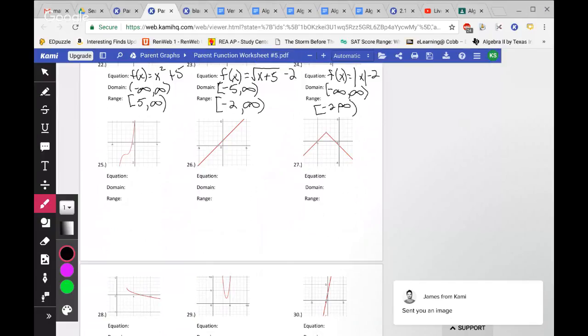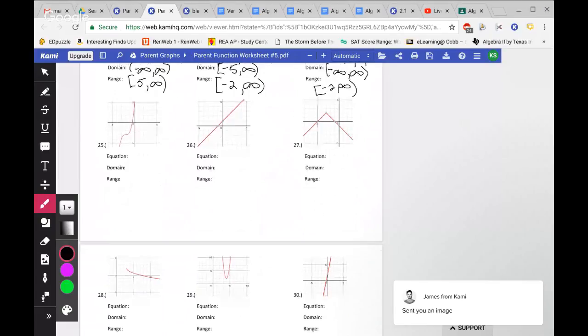Okay, so the next one is f of x equals x plus 2 minus 3.